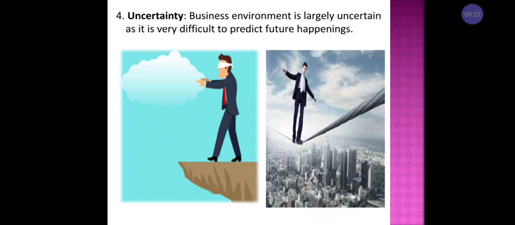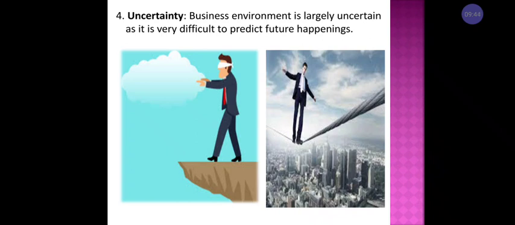And fourth one, uncertainty. In the business environment we cannot estimate or expect what will happen in the future. It has a dynamic nature, that means it keeps on changing.